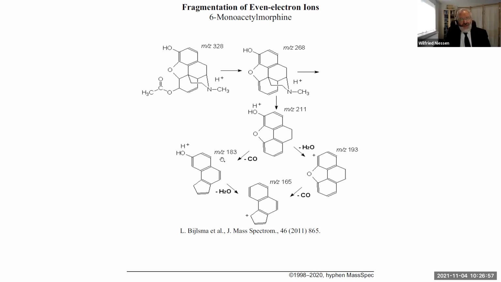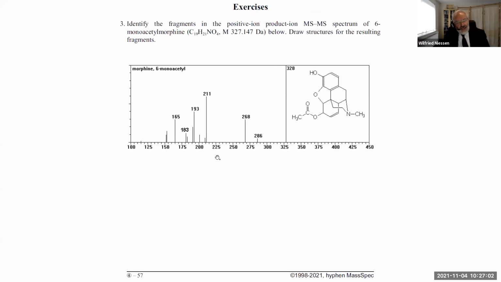I don't think this is something which you can do. Let me point out that actually I have explanations for all the other ions which are there. At least I have elemental composition, and in some cases I can do structure proposals, but I decided to leave them out because it would be too complex for the exercise which we have.